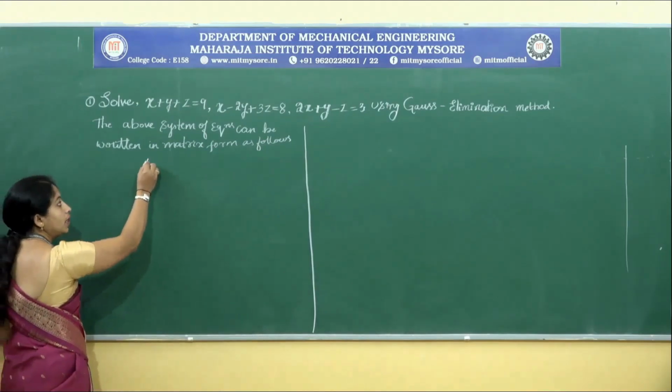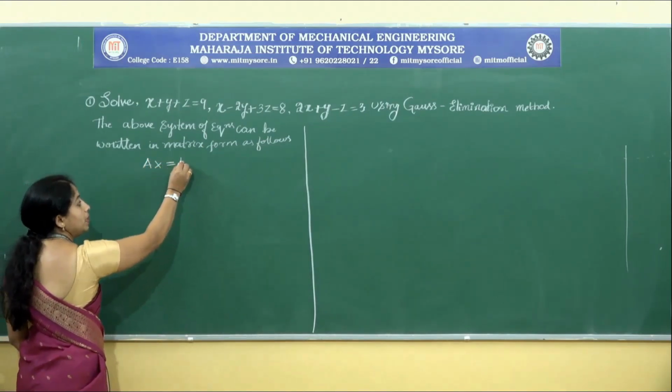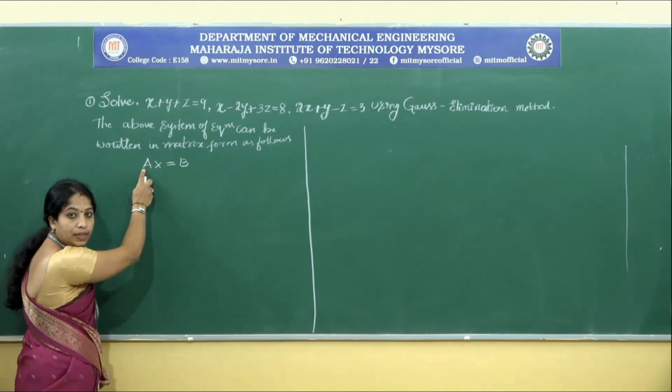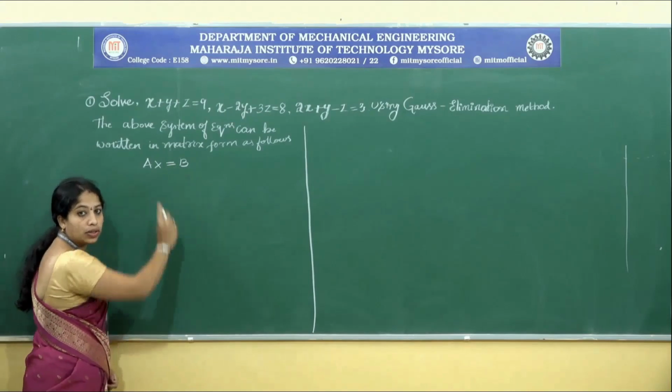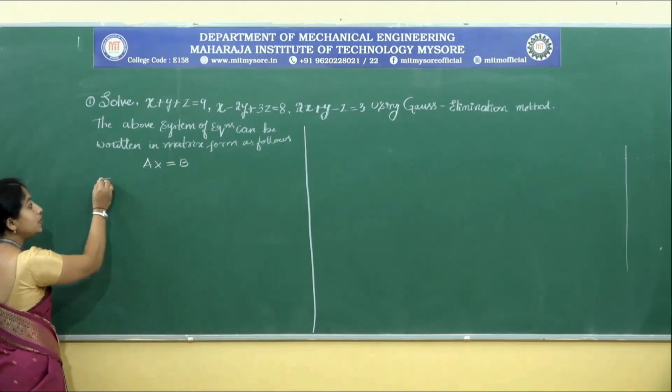The matrix form is AX equals B. Here A is the coefficient matrix, X is the matrix of unknowns, and here B is the constant matrix. Now write the coefficient matrix.